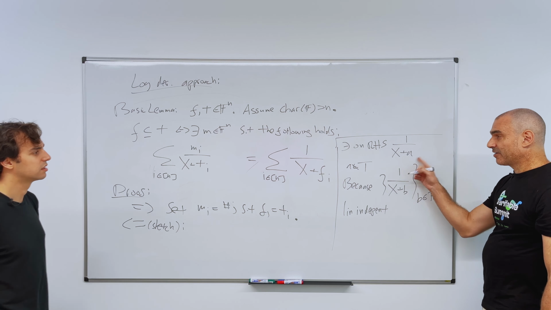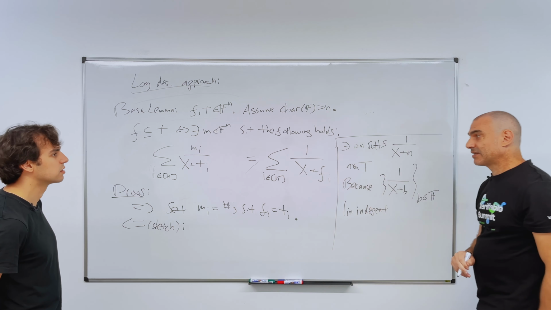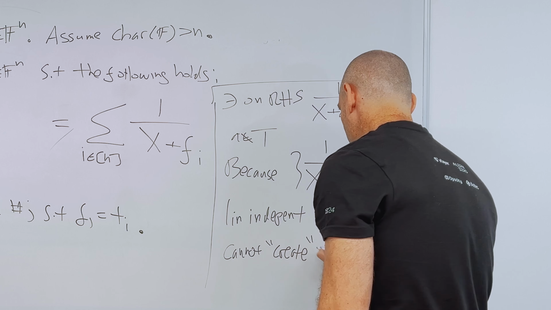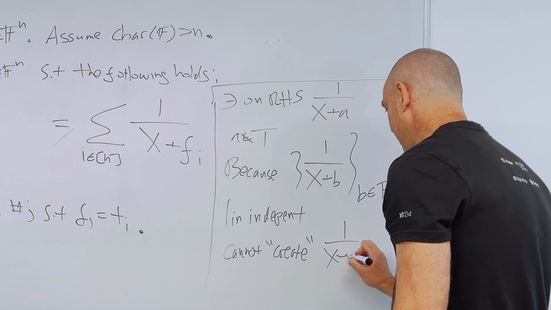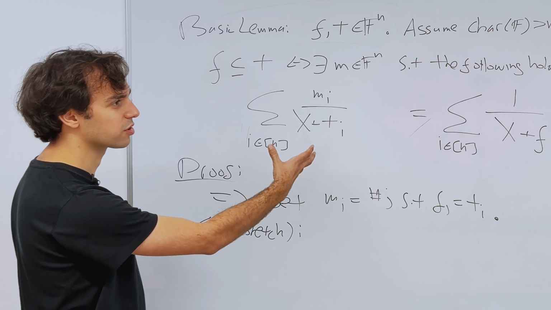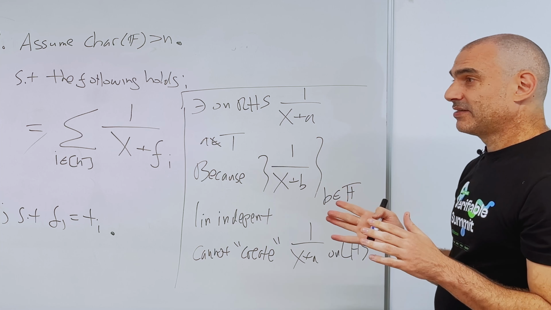So if this a here is not in T, no linear combination on the left-hand side can give us this element. So we cannot create 1 over x plus a on the left-hand side. Okay. And so is that why we're using these rational functions, because they have this property? Exactly. The linear independence of these functions is one of the main things that makes them so convenient and useful.